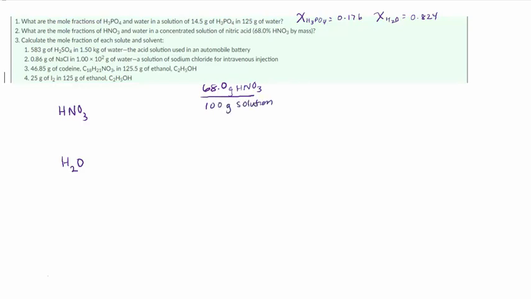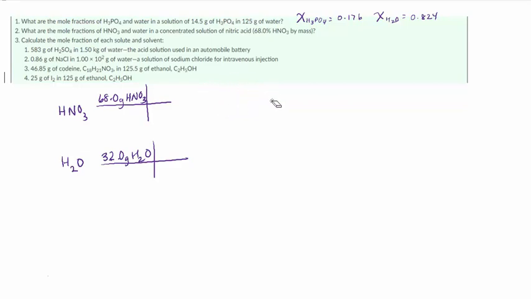Now, in order to get 100 grams of solution, and if we already have 68 grams of nitric acid, then that means we're left with 32 grams of water. So I think that's the tricky part for this particular question. Once you have that, calculating the mole fraction should be fairly easy.